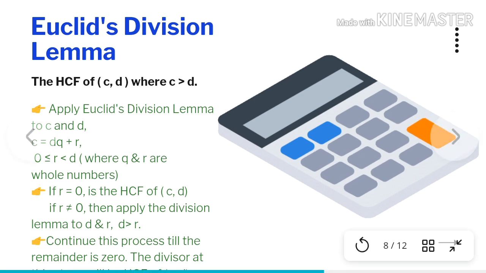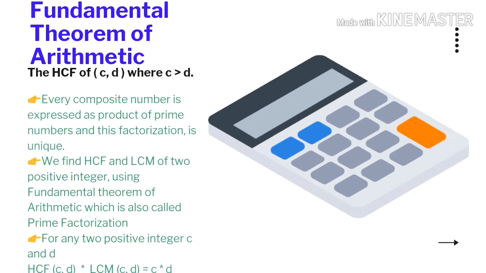The fundamental theorem of arithmetic is, we factorize each composite number as the product of some prime numbers, and this prime factorization of a natural number is unique, as the order of the prime factors does not matter.